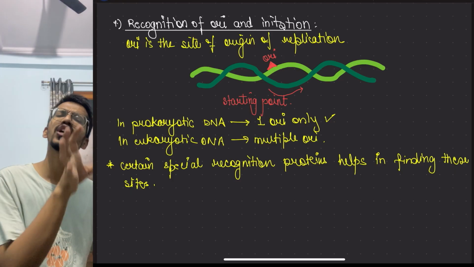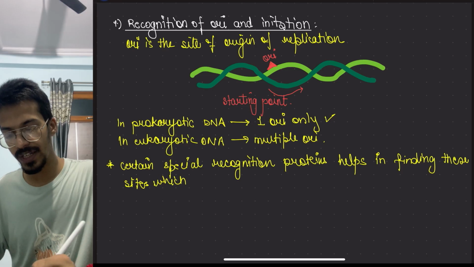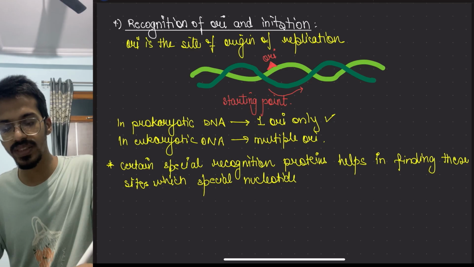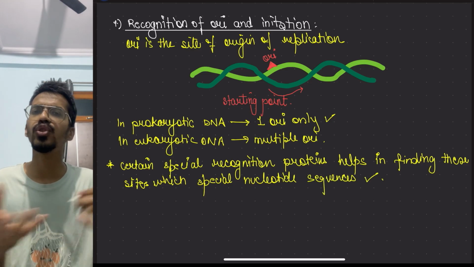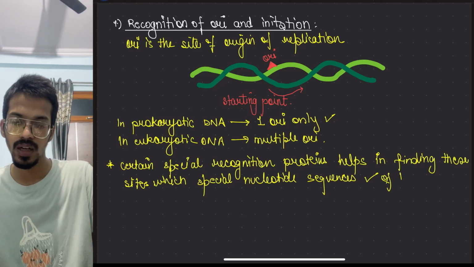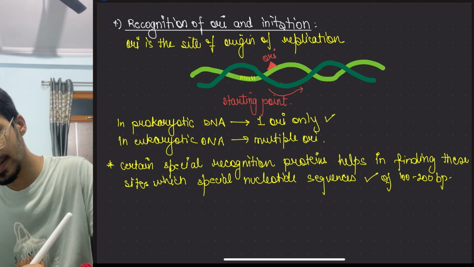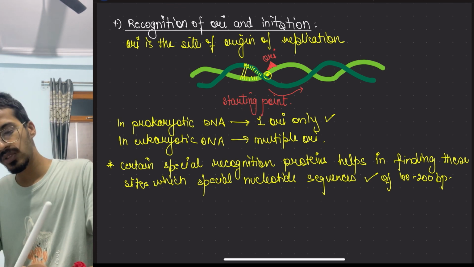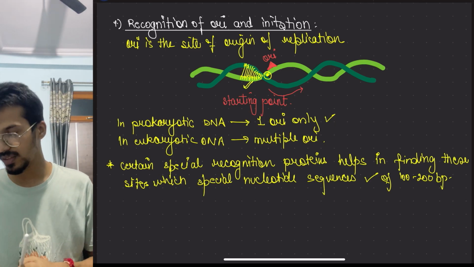And they have a very special nucleotide sequence present, of around 100 to 200 base pairs. So they might be present at this level, and then this site is present. These sequences are present here, and this has been identified by the special proteins.